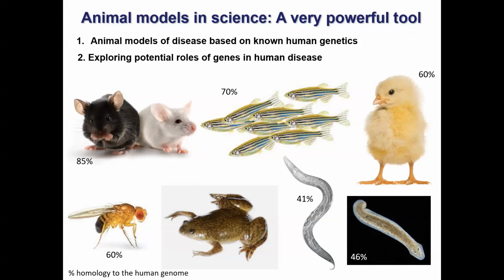So the main goal of researchers in biomedical sciences, as I mentioned, is to find cures, treatments, and even better prevention of diseases, right? Of course, to reach that stage, you need first to understand what goes wrong on the genetic level.